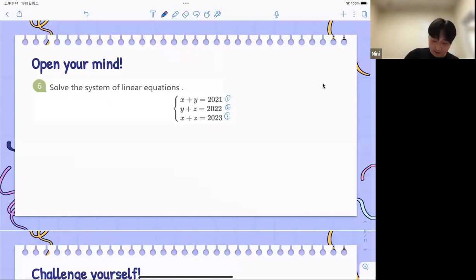So again, as I said, we need to connect them together. So this would be the easiest way you can think about. You add them together, and you add the right side together as well.